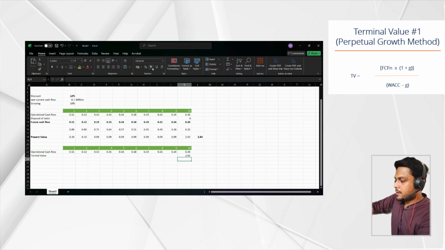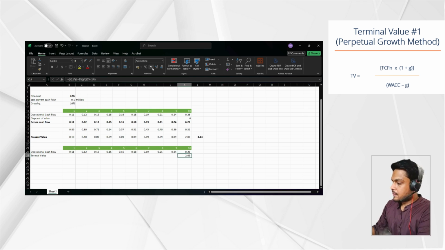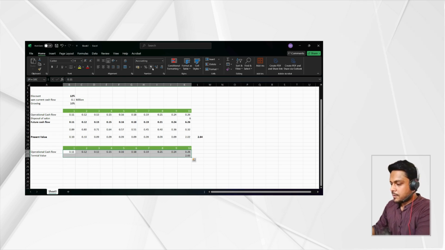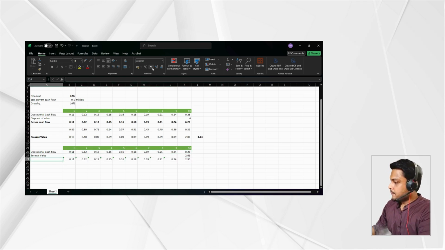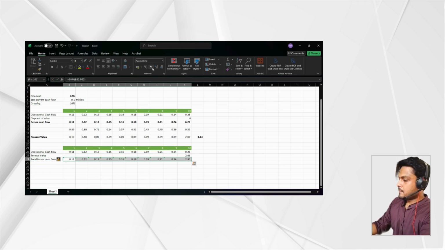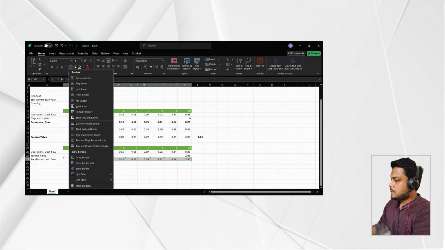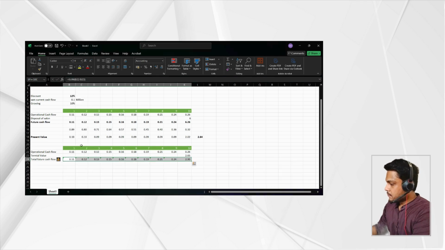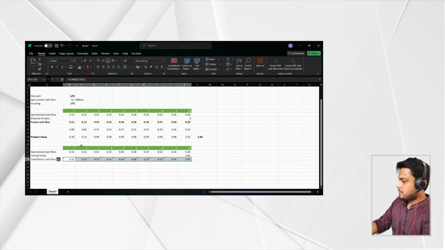If we calculate it, then we will get 2.65 million. Now we will add the operational cash flow and the terminal value. We will get the total future cash flow. Just add some borders so it will look attractive.